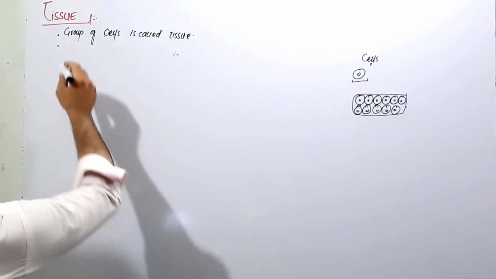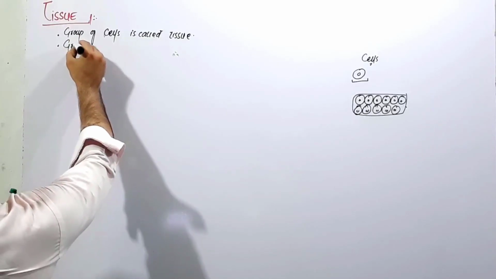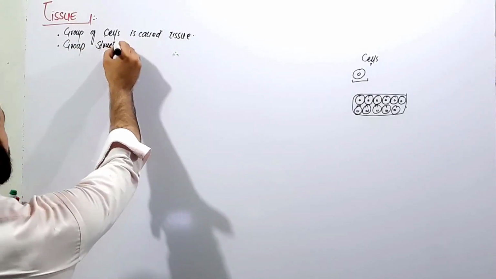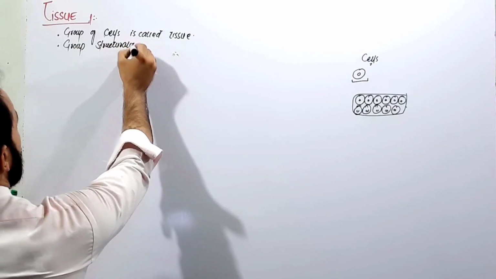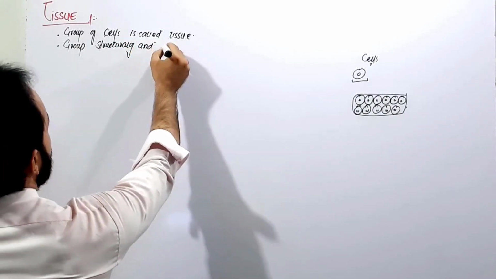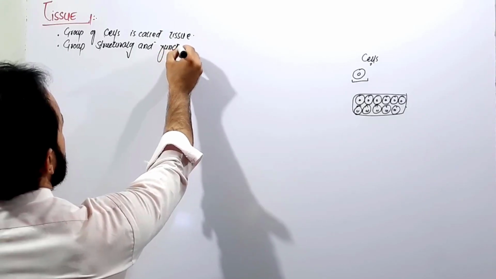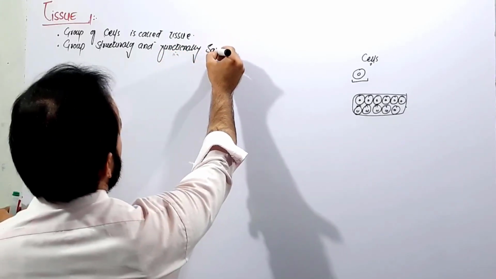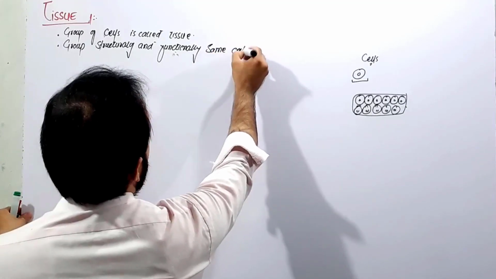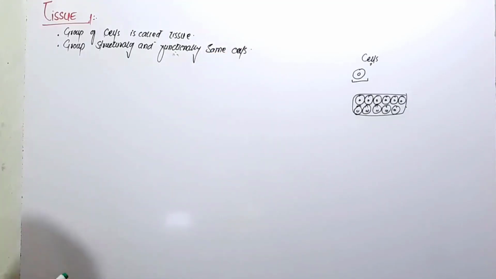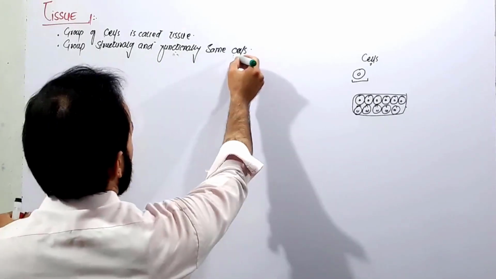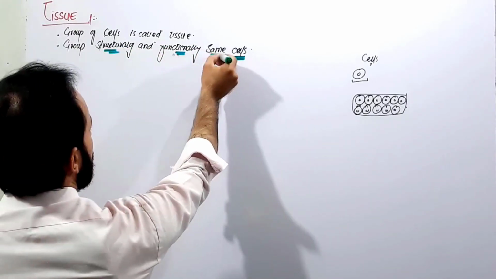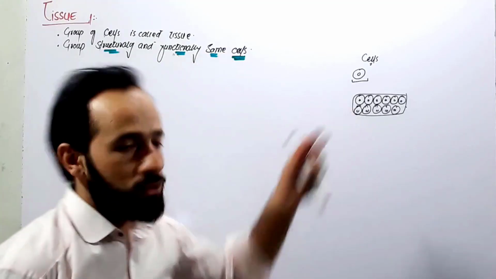So we say here a group of structurally, right, and functionally, right, same cells, we call it tissue. So look carefully, we say cells which are structurally and functionally the same, we call them tissue.